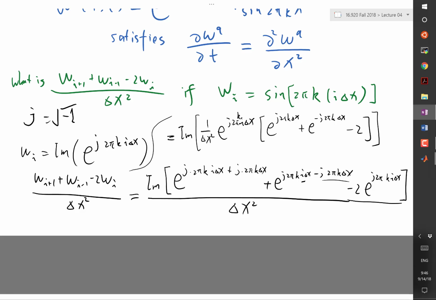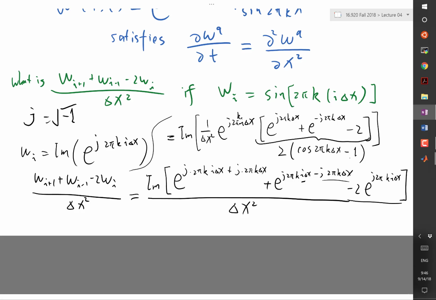The one that remains is the cosine, because cosine is an even function. So they actually add up to the same thing. So this part is basically 2 times cosine of 2 pi k delta x minus 1, right?